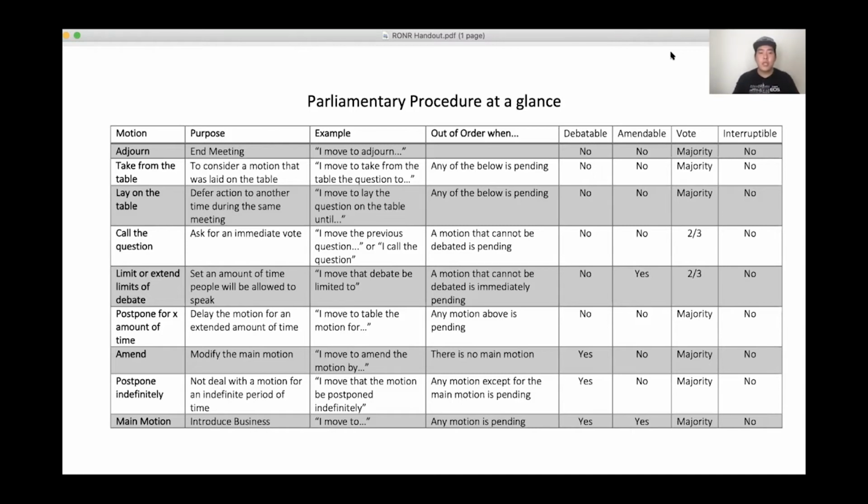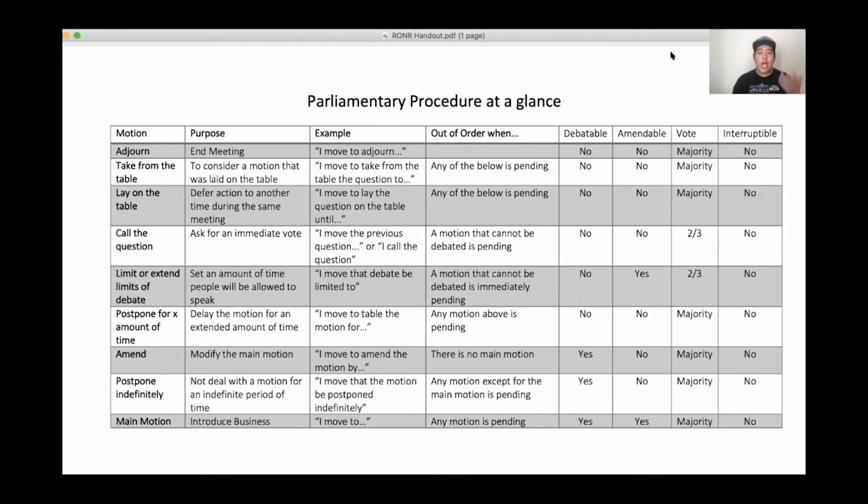Someone can make a motion to extend time by 10 minutes. That motion is not debatable because we're not going to then spend 10 minutes talking about if we need to extend our time limit by 10 minutes. If someone objects to extending time by 10 minutes, we immediately go to a vote and then we move on with our day, right? And so not every motion is debatable.